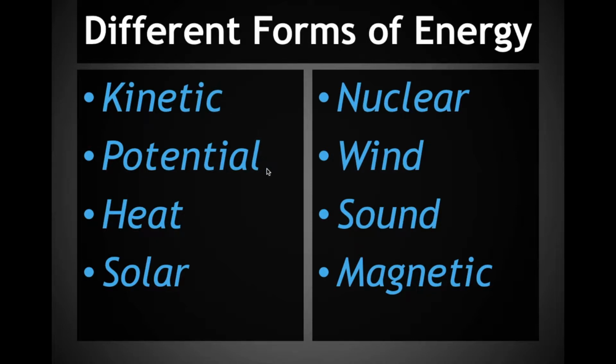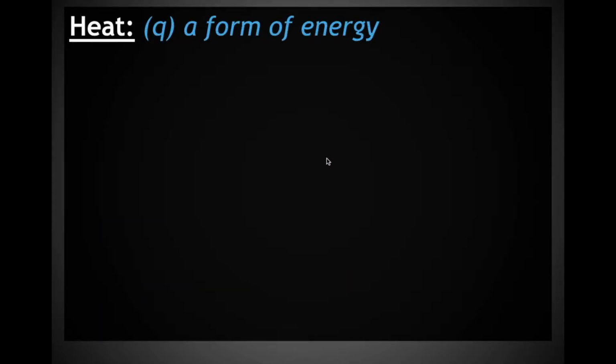Potential is like stored energy. Heat, we know what heat is. Solar is from the sun. Nuclear is from manipulating atoms. And wind, sound, magnetic. I'm pretty sure you guys can assume where these are from or maybe what they will look like.